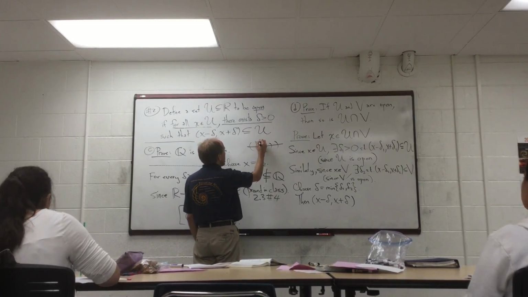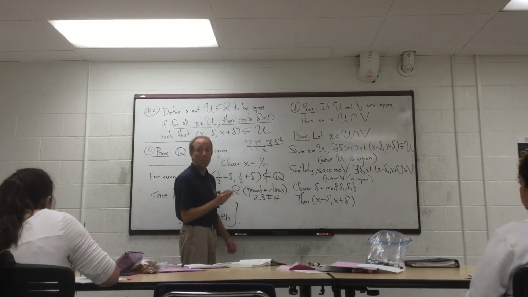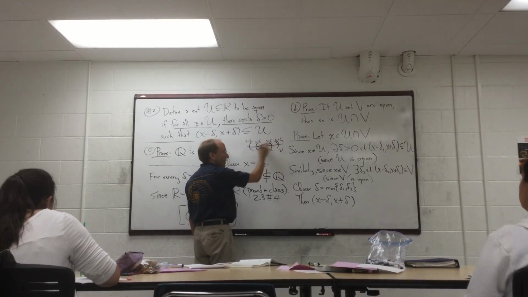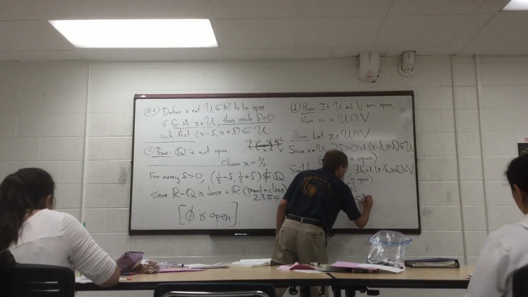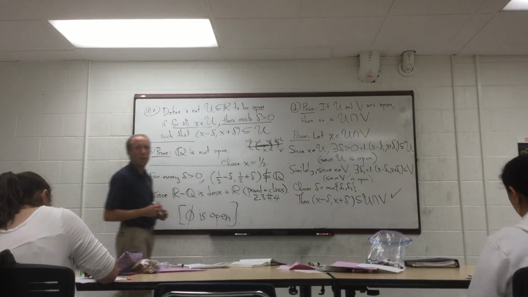This is x minus delta 1 and x plus delta 1, and this is x minus delta 2 and x plus delta 2. This whole interval is contained in U, and this whole interval is contained in V. So if you stay within the smaller one, you're inside both. So this interval is contained in U intersect V, and you're done.